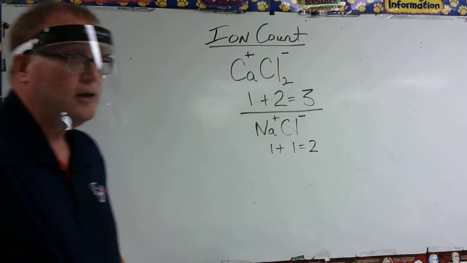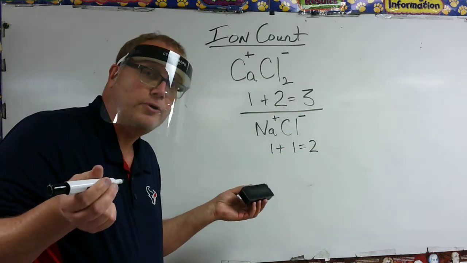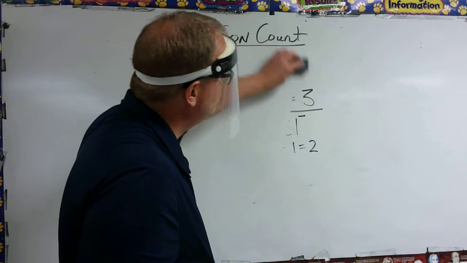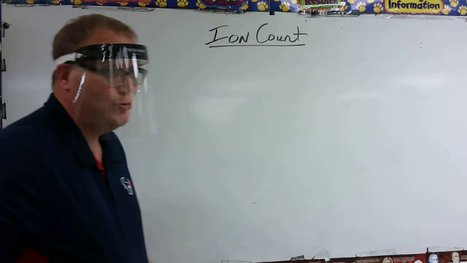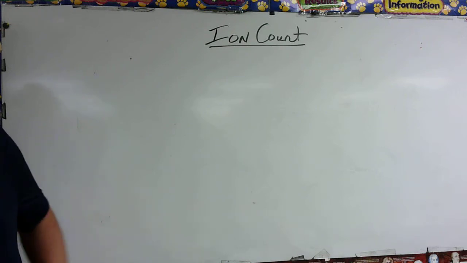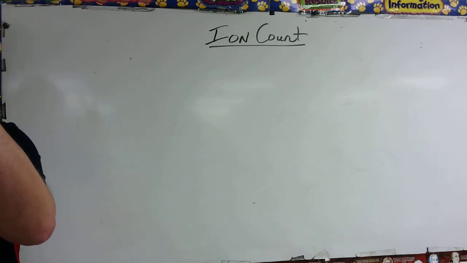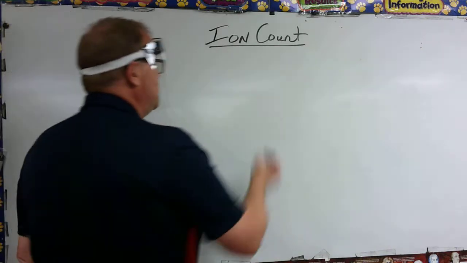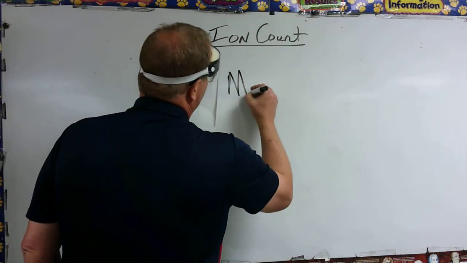Now, we also have those ones with the parentheses, right? Again, you have to remember there is two separate ions. So when I'm adding them up, I'm only going to add two separate numbers. Okay? So let's say I have something that looks like this.